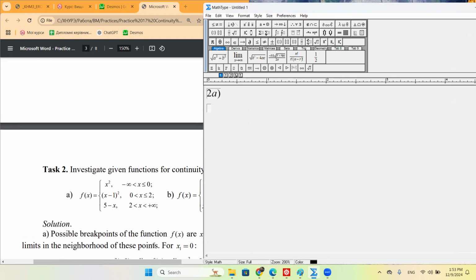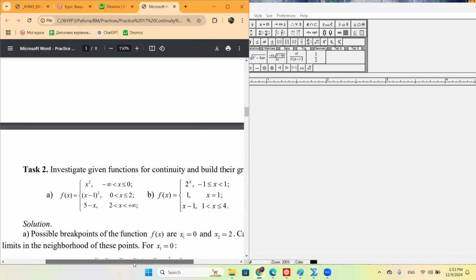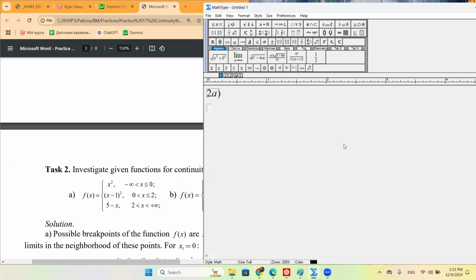So now we can define possible discontinuity points. The possible discontinuity points are 0 and 2, where the expressions for the function are changing. So let's investigate them: x equals 0, x equals 2, breakpoints.